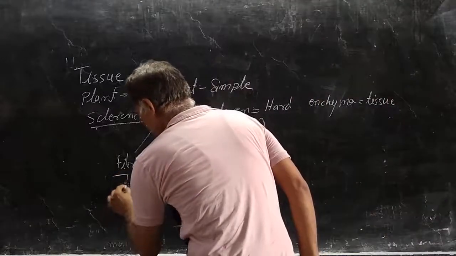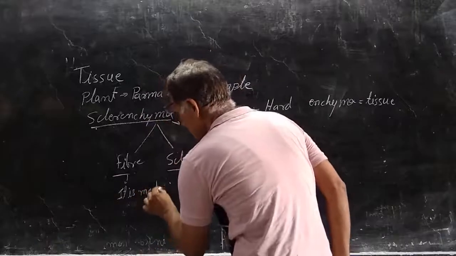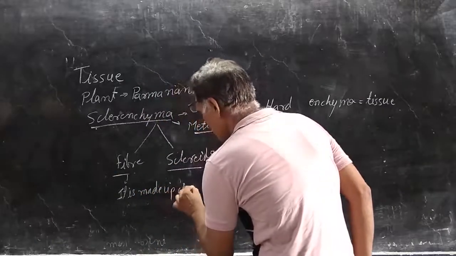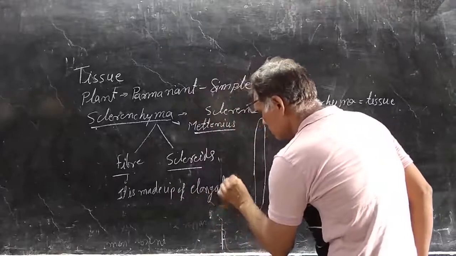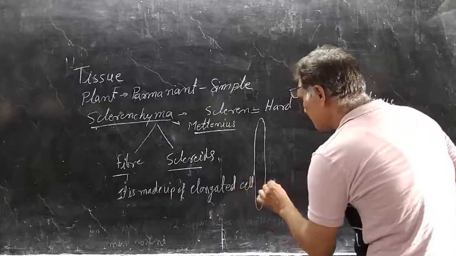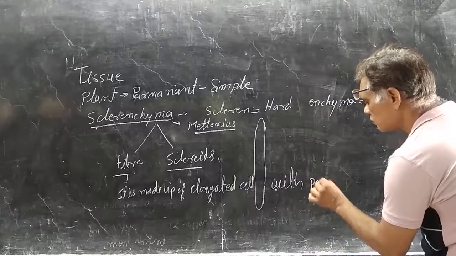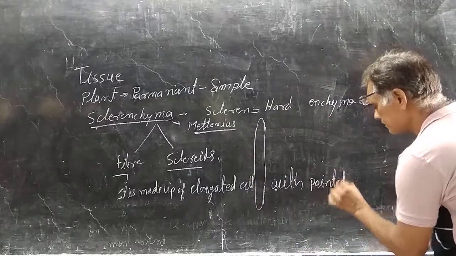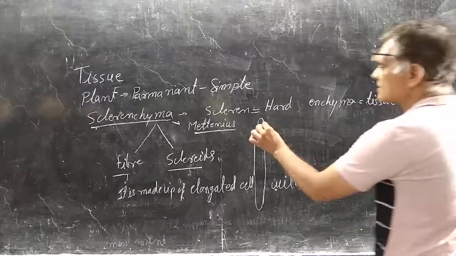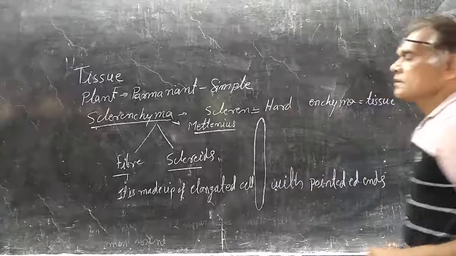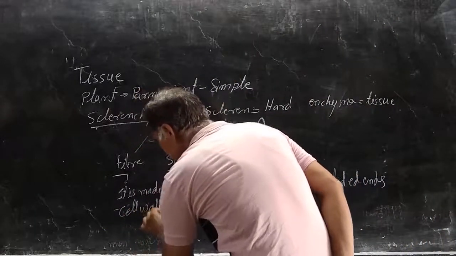It is made up of elongated cells with tapering or pointed ends; their end wall is pointed.